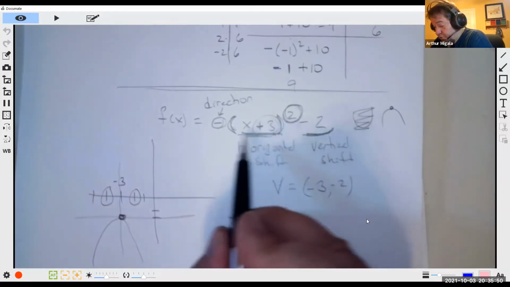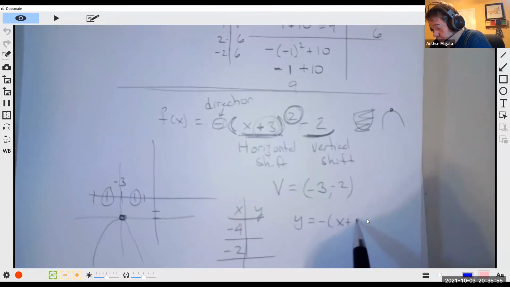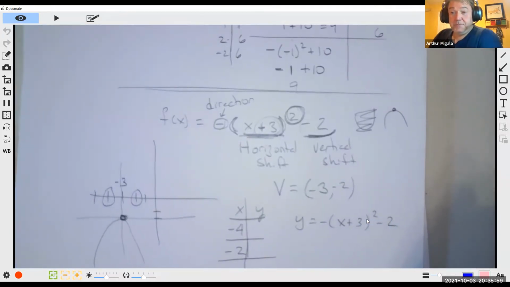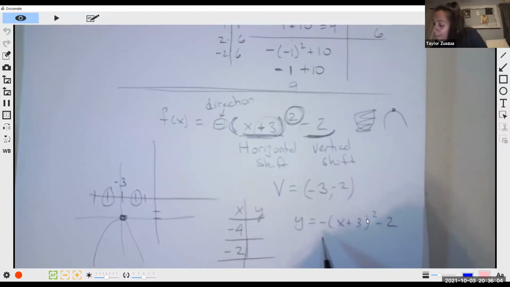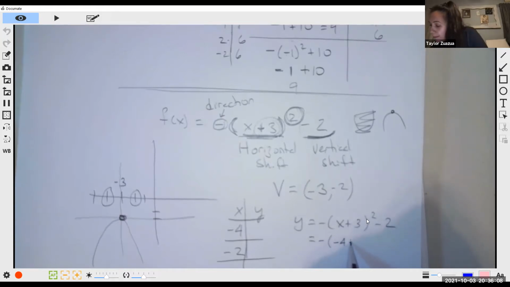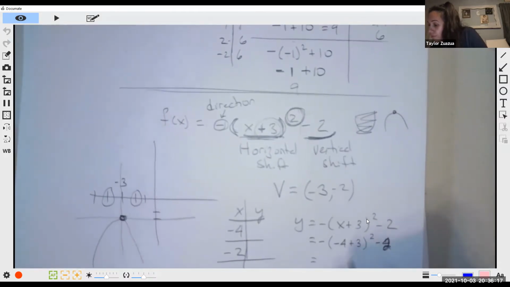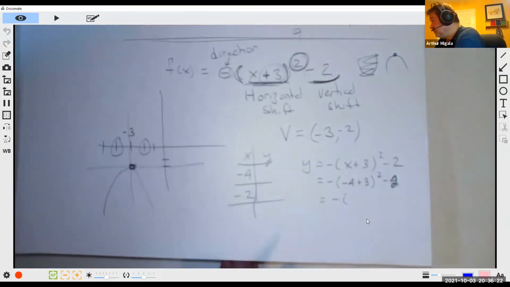Once we have those, plug those into the equation, and that'll give you the y values. So it'd be -4 plus 3 squared minus 2.